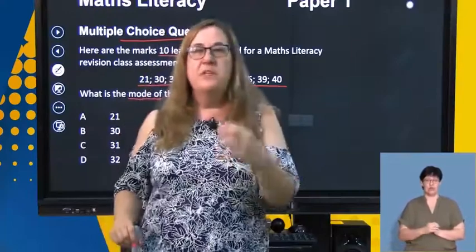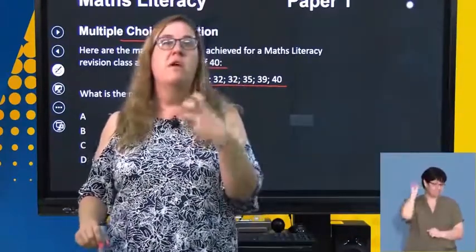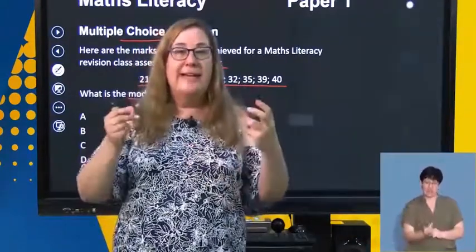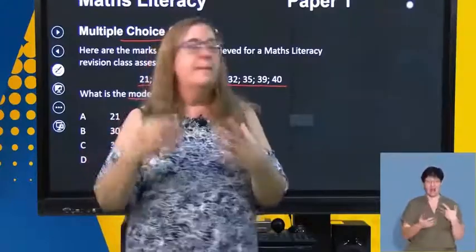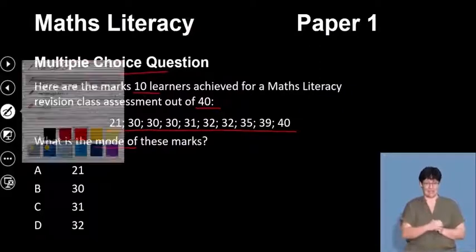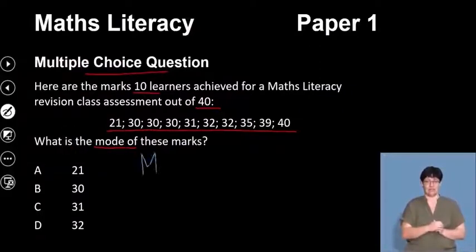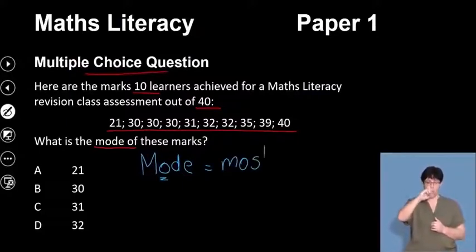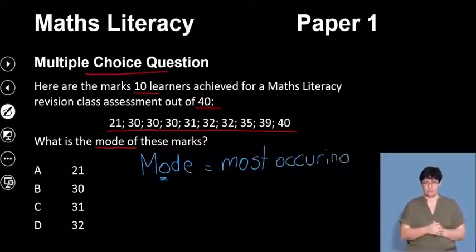It's important that you remember what each one of these data handling averages mean. Our mode has got the O in it, and that is the same as your most occurring. I always use the O for mode as most. They've both got the O's.